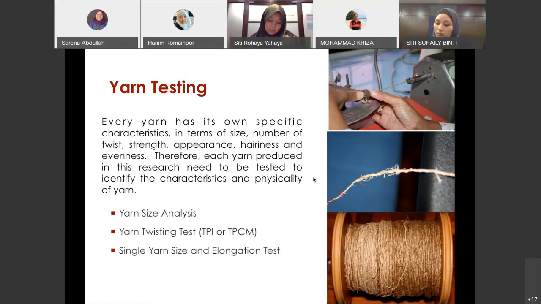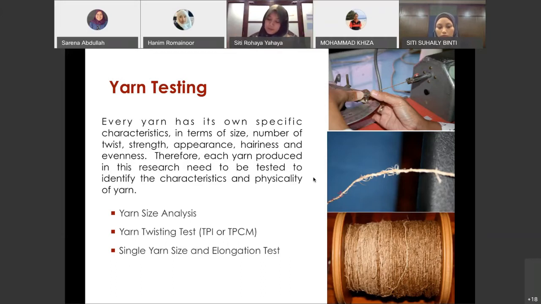The yarn can withstand a high degree of force and is suitable for the weaving process. So from this test, it shows that this yarn can be used for weaving. In weaving we also have warp and weft. Weft is horizontal. Warp is vertical.